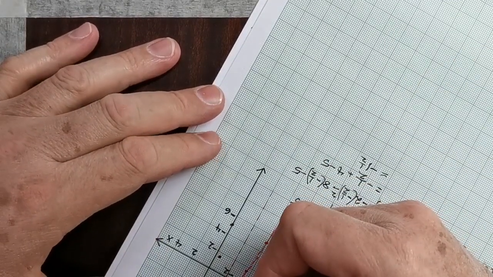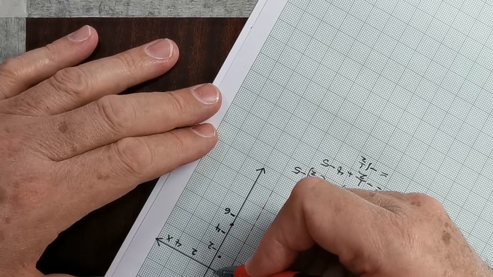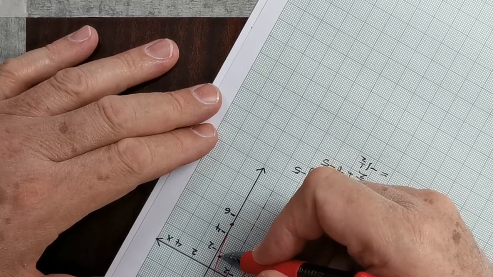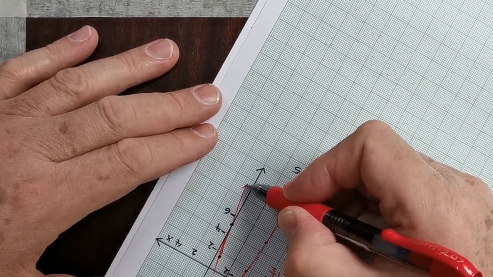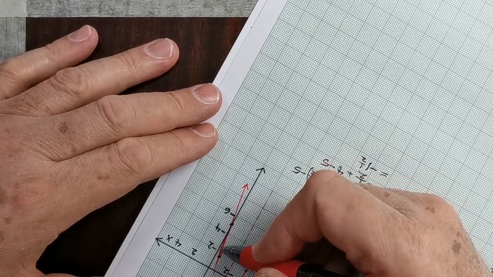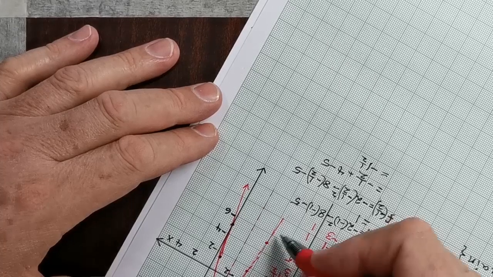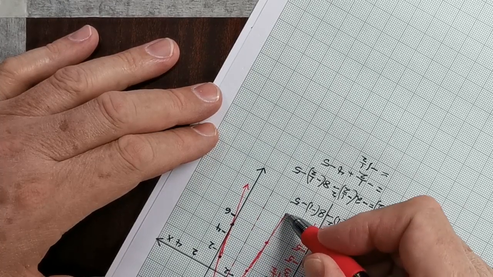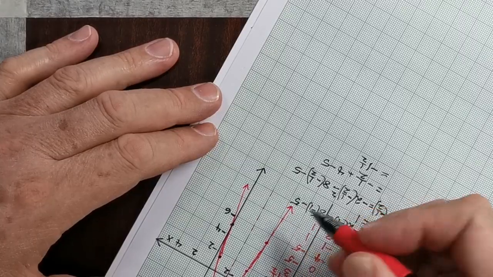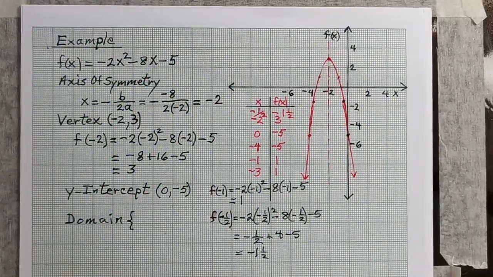I'm going to turn the paper so I can do this a little smoother. Okay, so we need to go over the top. Kind of like that. Okay, so there's my graph.